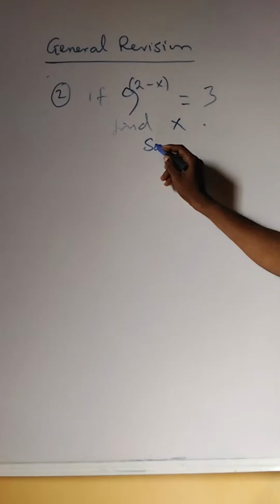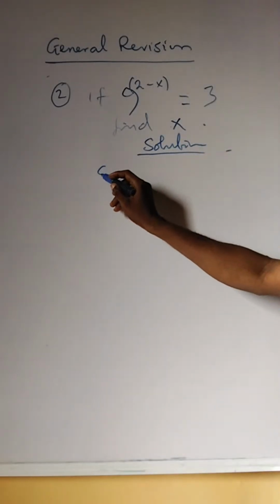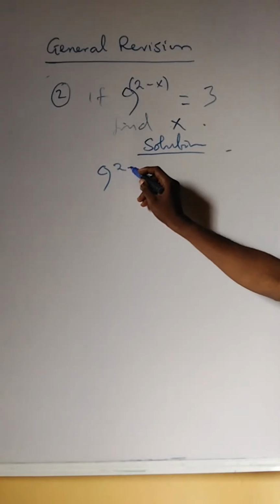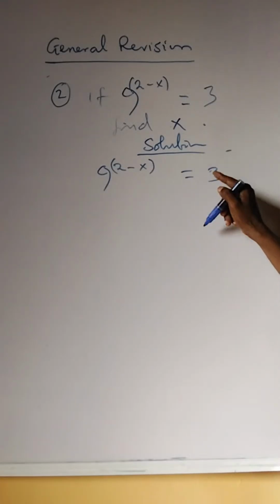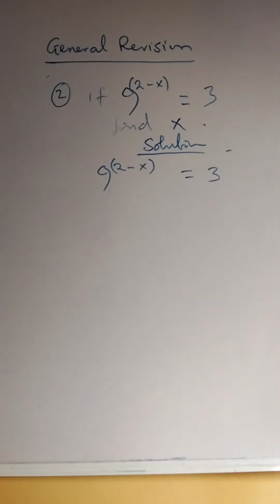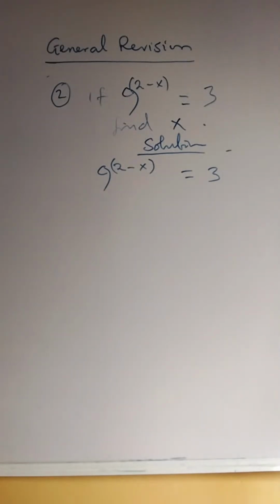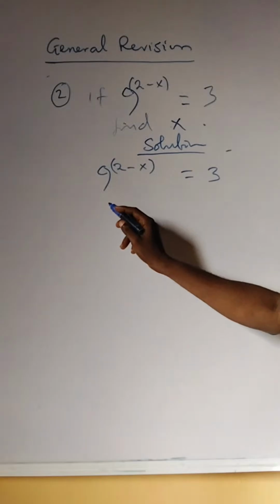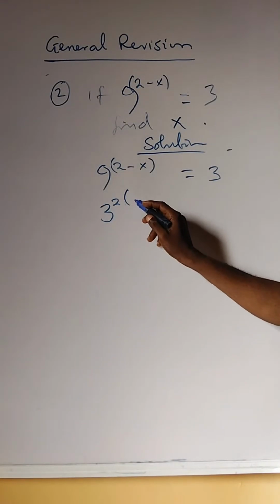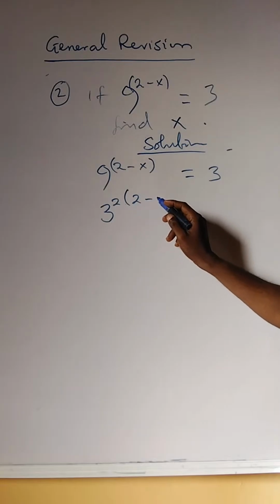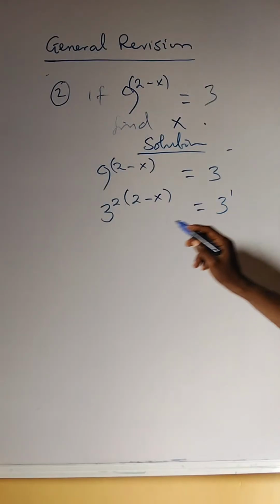So when we solve this, we have 9 raised to the power 2 minus x equals 3. We just have to change the base here, which is 9, to 3 as well, so that both sides have the same base. We understand that 9 can be written as 3 squared, which is also raised to the power 2 minus x, equals 3 raised to the power 1.